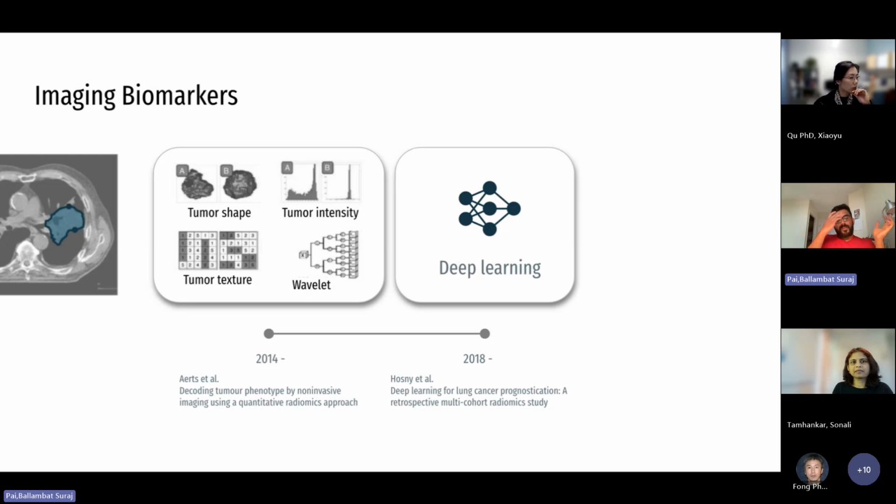What they did there was they took an entire block around this tumor and passed that as a 3D patch to a deep learning model, and then used that to predict survival directly. Because of this, they were able to go from an image to a confidence or a probability of what the prognosis of a patient might be, and then use that to correlate with survival.